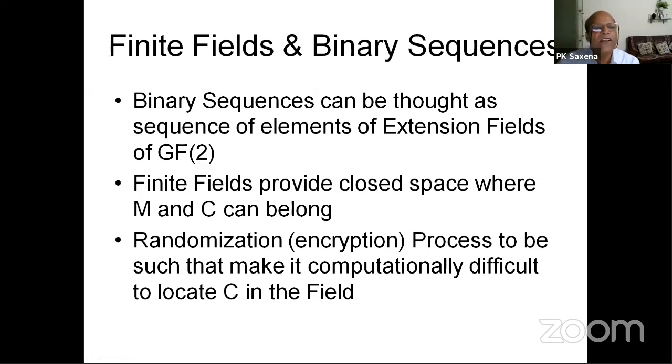The plain element of the plain information and the element of the cipher information are both available in the finite field, but it is not possible to find out which element is the encryption of which element. So that is the beauty of these transformations.